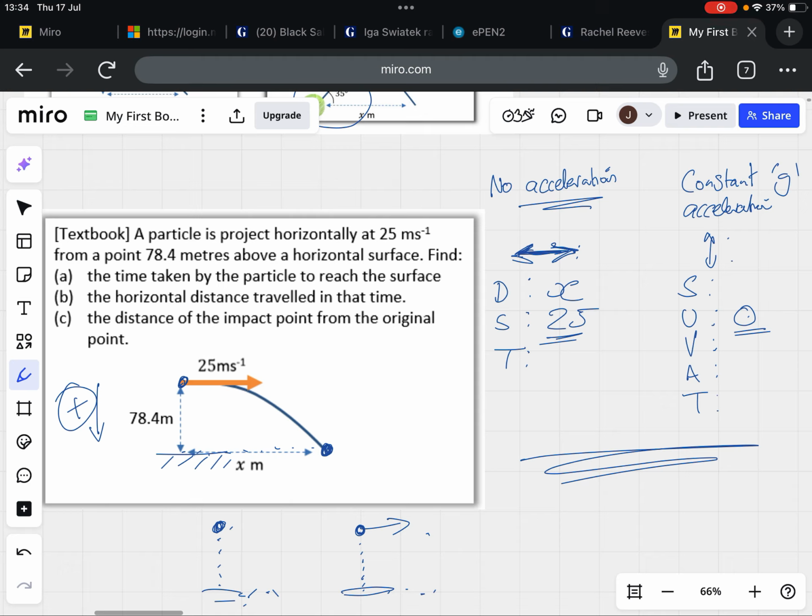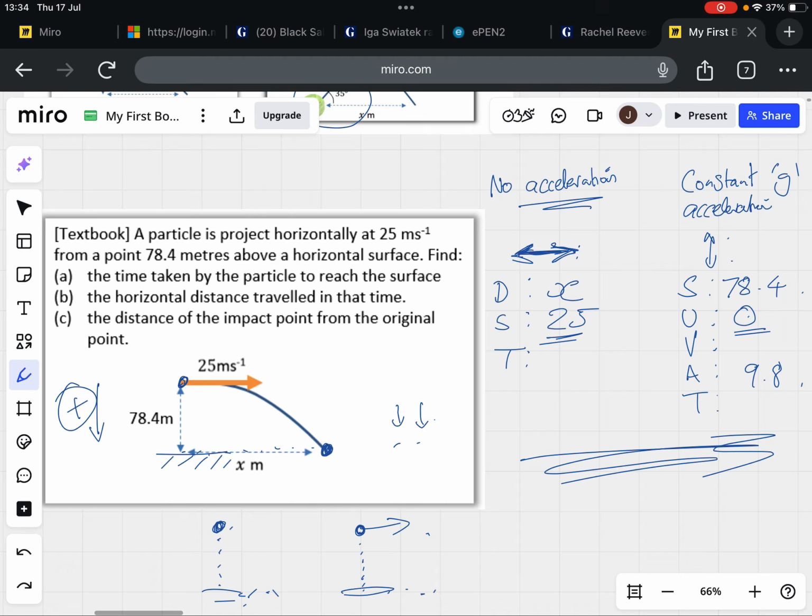So if I define down as my positive for this one, I can set this to a positive 78.4 and I can set my acceleration to a positive 9.8, because they're working together. In terms of s, it means something is below, and acceleration wants things to go below, so they should be the same sign. So I can write it like that, or if I was the other way around, I could make them both negatives. For now, let's just leave it like that.